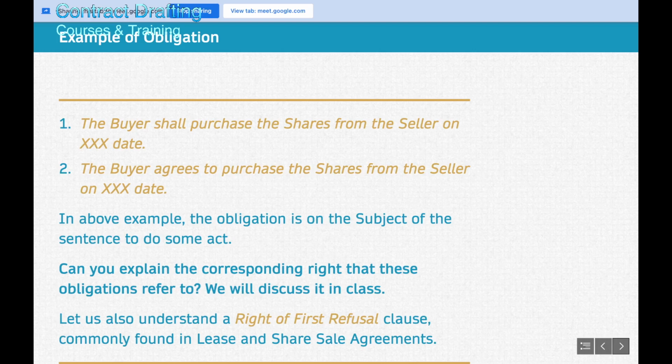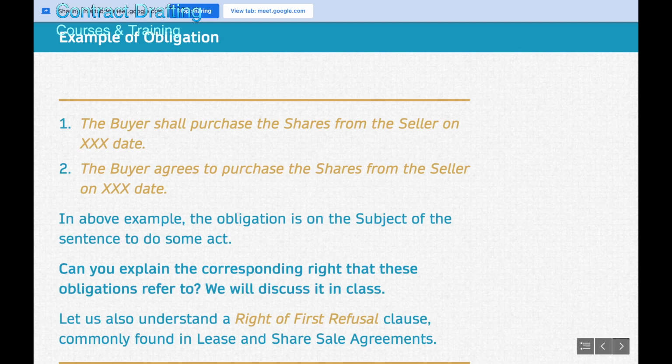Now, because of business conditions, the second party decides that they want to sell the business, and they have an offer from a third party. So, in the share subscription agreement, or the agreement between the two sides, there will be a clause of right of first refusal, which will be in terms that the second party, if he ever decides to sell the shares that he has, will offer those shares first to the first party.